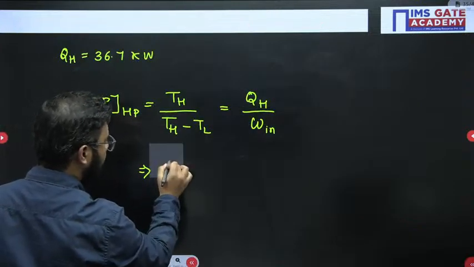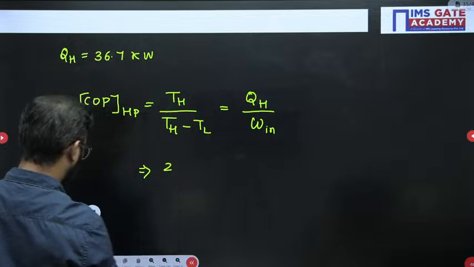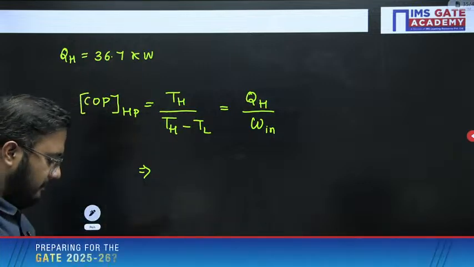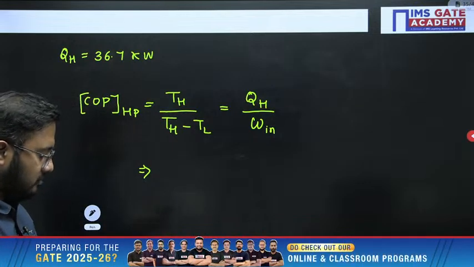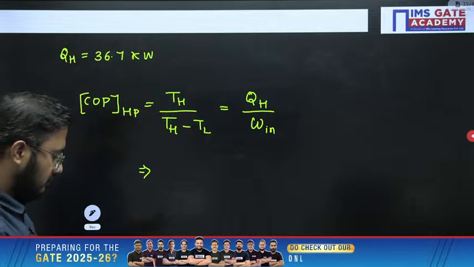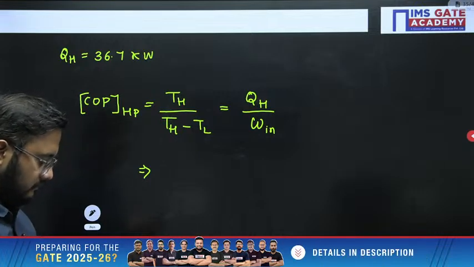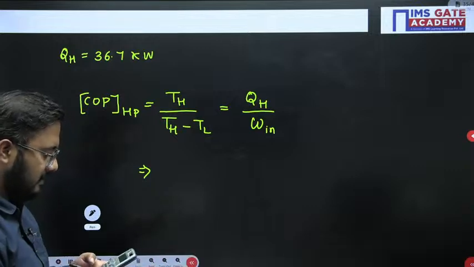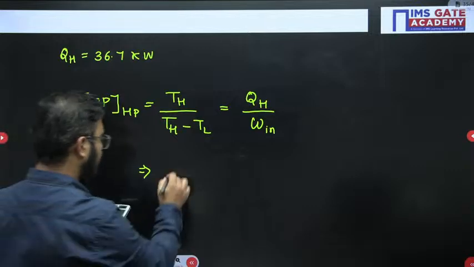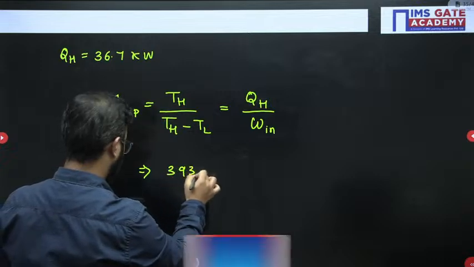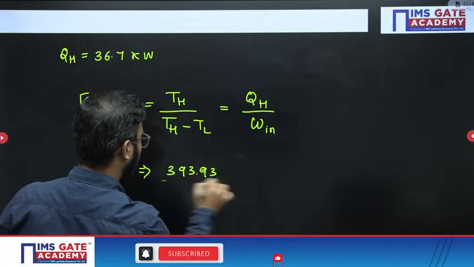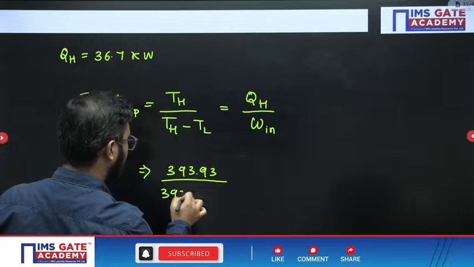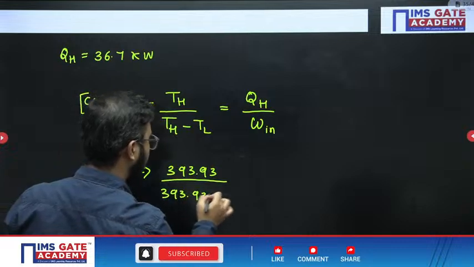Okay, so this is 120.93 plus 273, that is 393.93, divided by 393.93 minus TL.